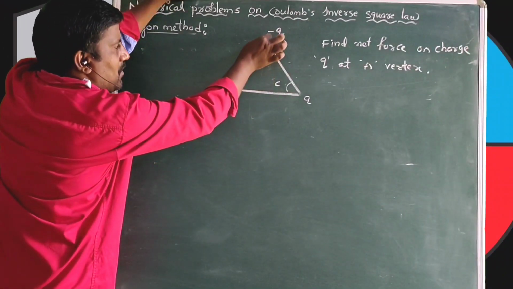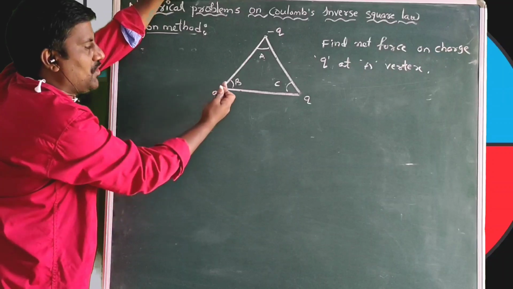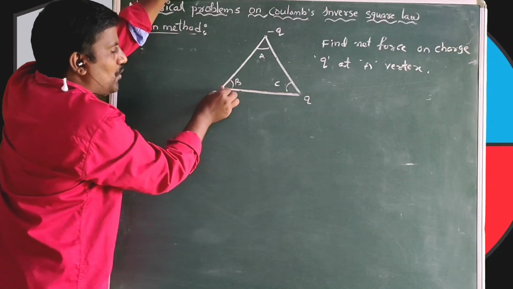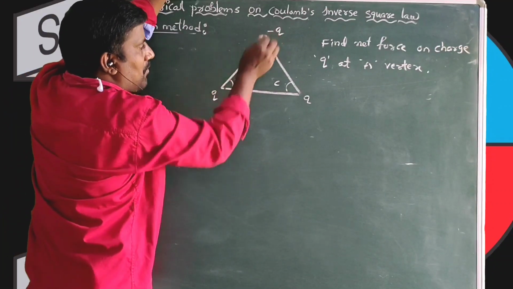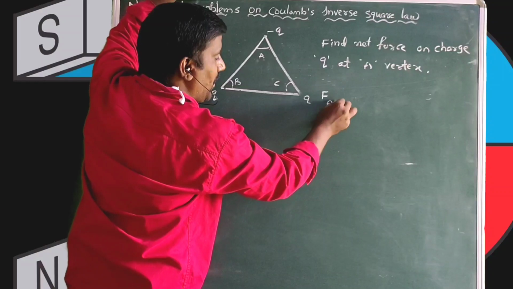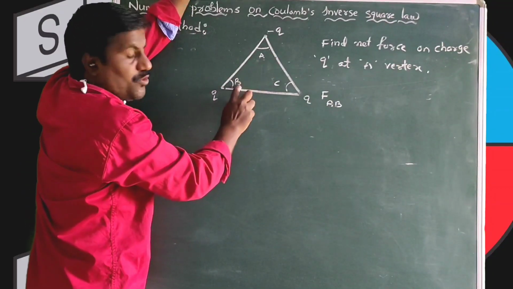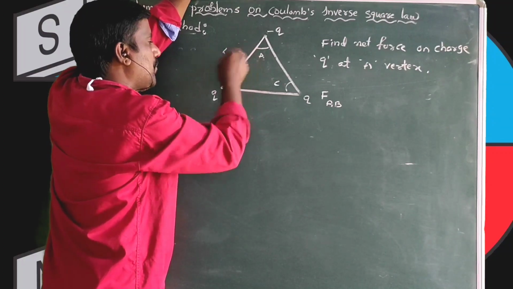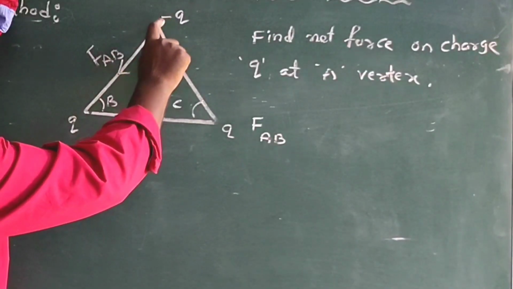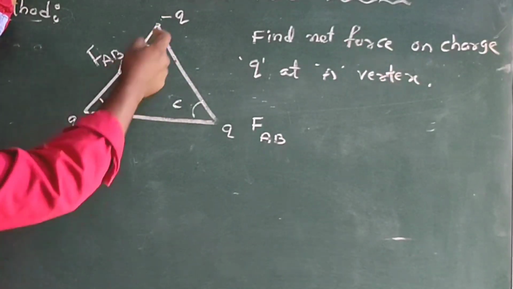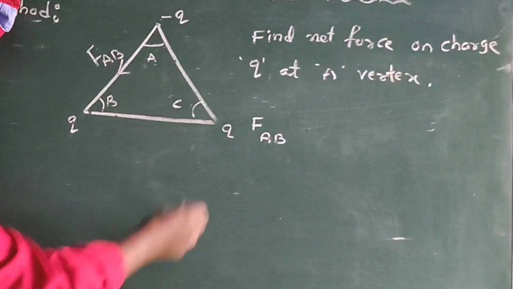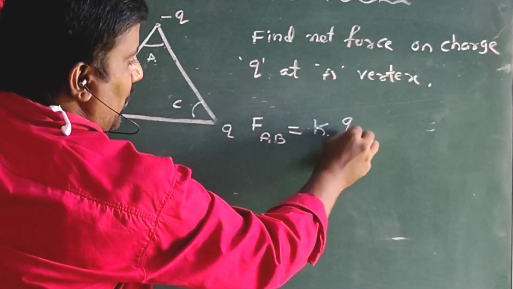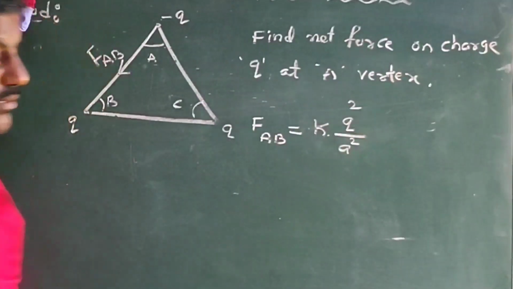So the net force on the charge at A is the resultant of the forces due to charge B and charge C. Due to the charge B, the force on charge A is F_AB, indicating the force on charge A due to charge B. So that is acting along this line, because this is a plus Q and this one is a minus Q, they are opposite charges, so this charge attracts the minus Q charge along this line. F_AB is equal to K into Q into Q, Q square by the side length a square.